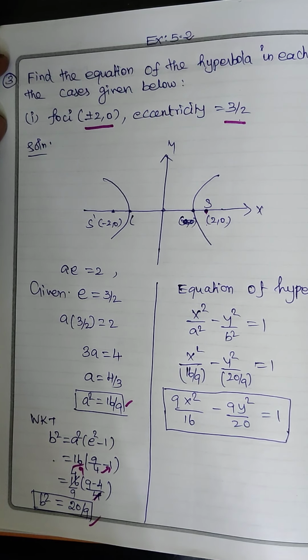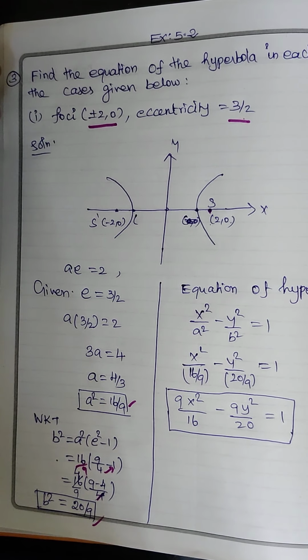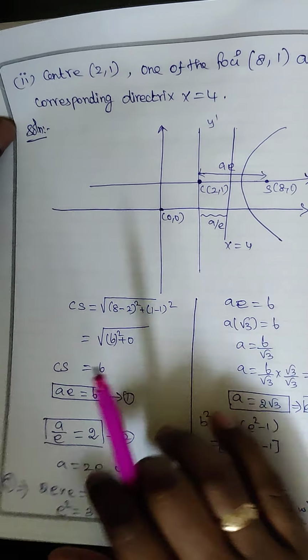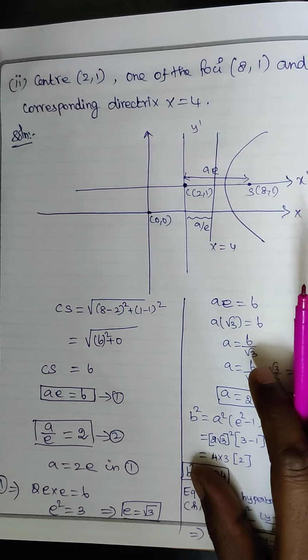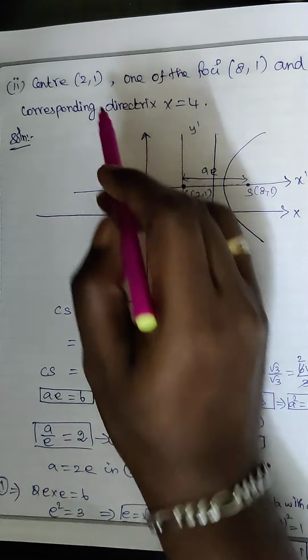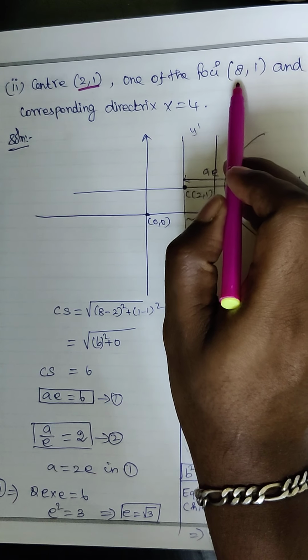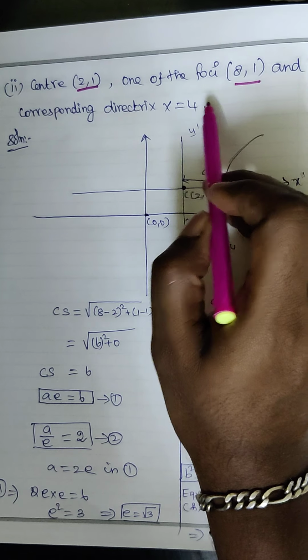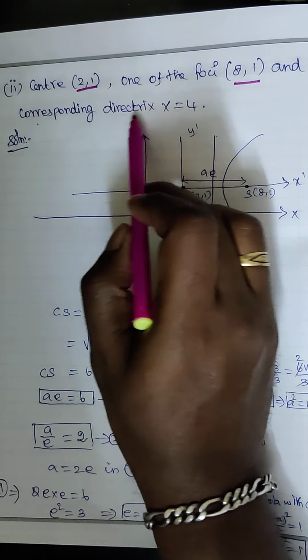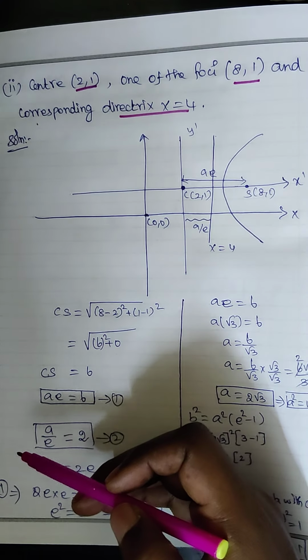Next we have the second subdivision. Here the center is given as 2, 1 and one of the foci is given as 8, 1, and the corresponding directrix is x is equal to 4.